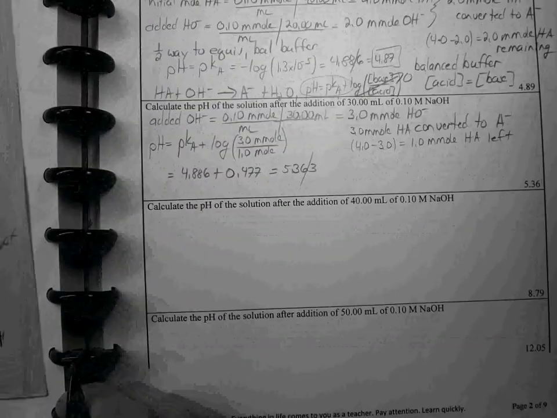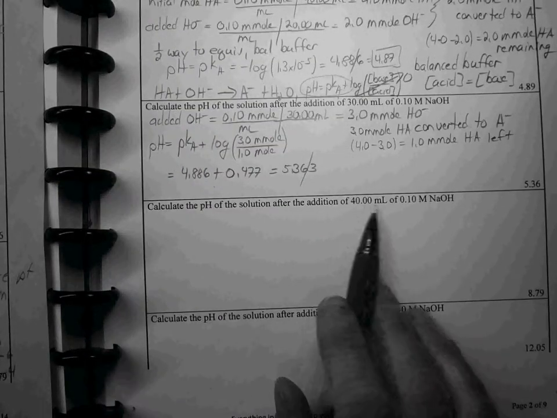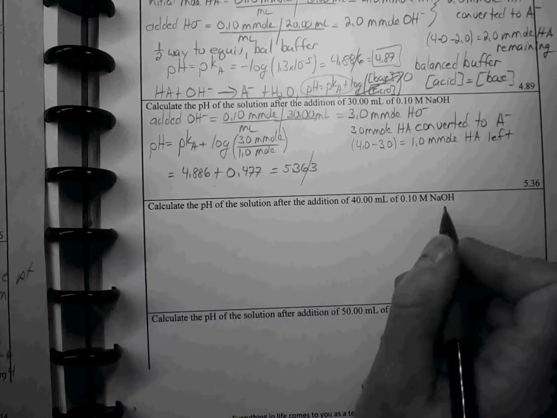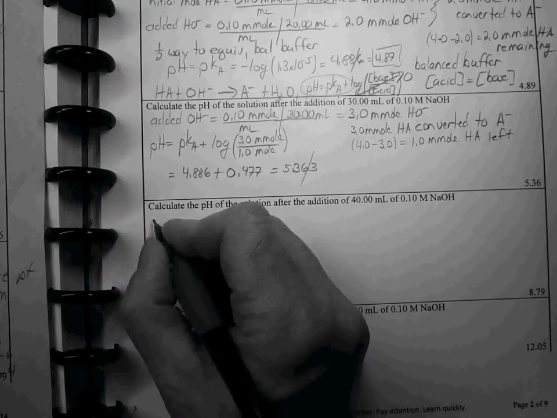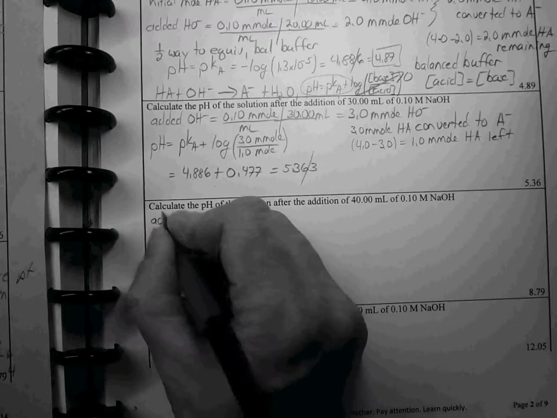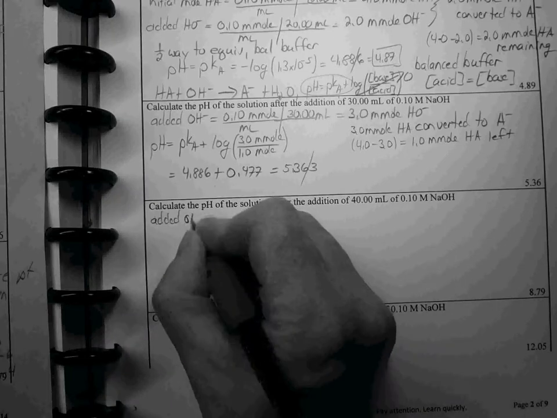Okay, the next point is we have 40 milliliters of sodium hydroxide, which means we're going to be at the equivalence point because we're going to get 4 millimoles of hydroxide. I'll show you that.